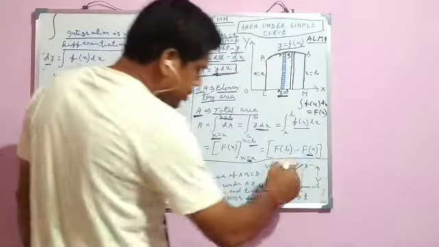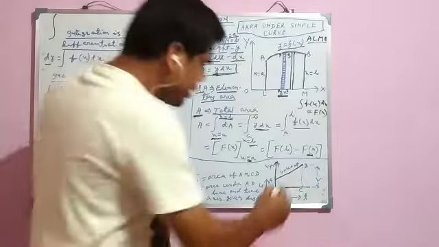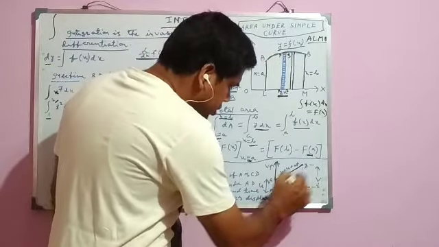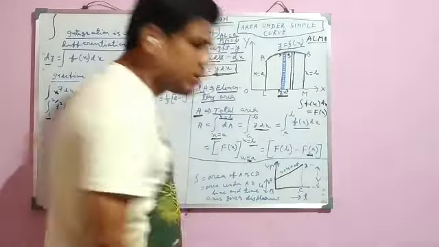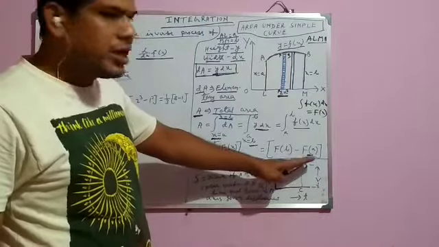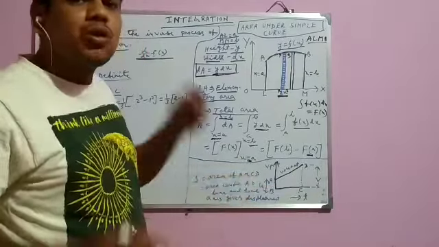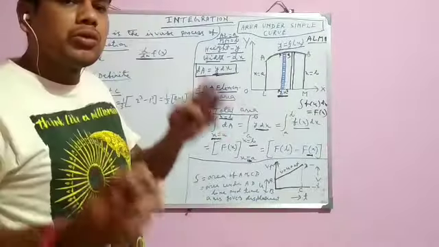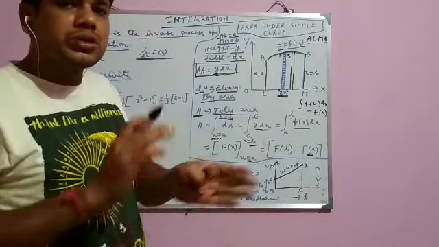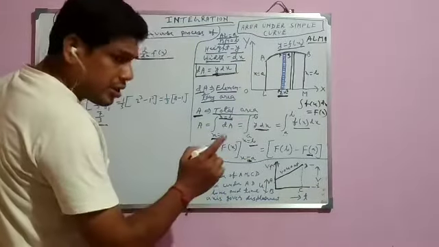Now we want to find the area of this portion, ABCD. The area bounded by this AD straight line and the time axis always gives you displacement.